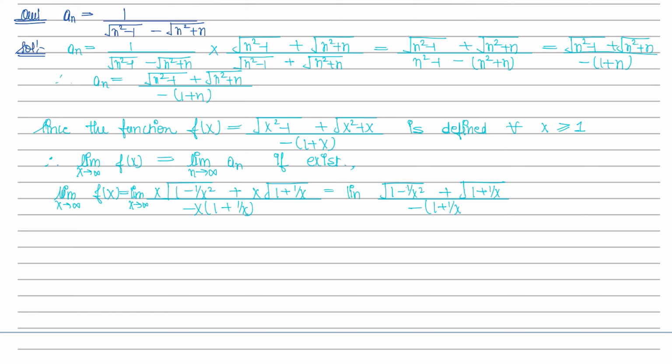This becomes square root of 1 minus 0 plus square root of 1 plus 0, whole divided by minus of 1 plus 0. After simplifying, this becomes 1 plus 1 upon minus 1. This is minus 2. So the limit as x tends to infinity of f(x) is equal to minus 2, which exists. Therefore, the limit as n tends to infinity of a_n is equal to minus 2.